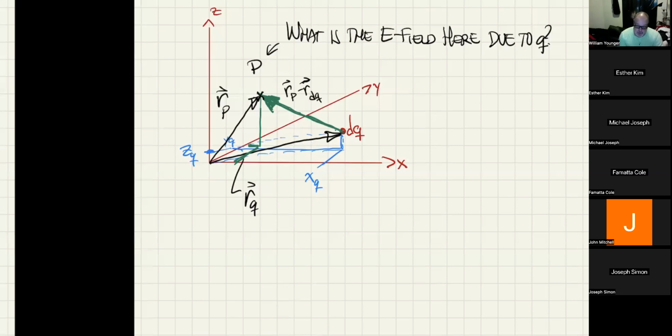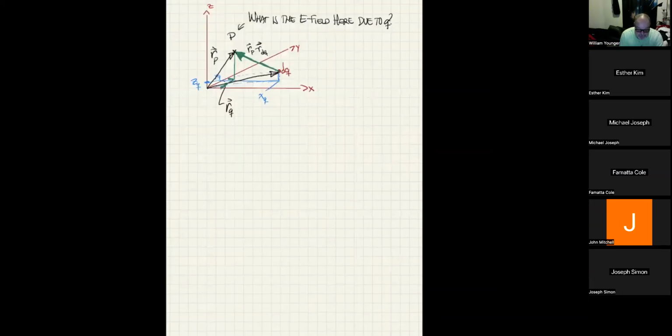Okay, so I'm going to say there is a differential electric field element, dE, that's equal to 1 over 4 pi epsilon naught times dQ over the magnitude of R_P minus R_dQ, squared.